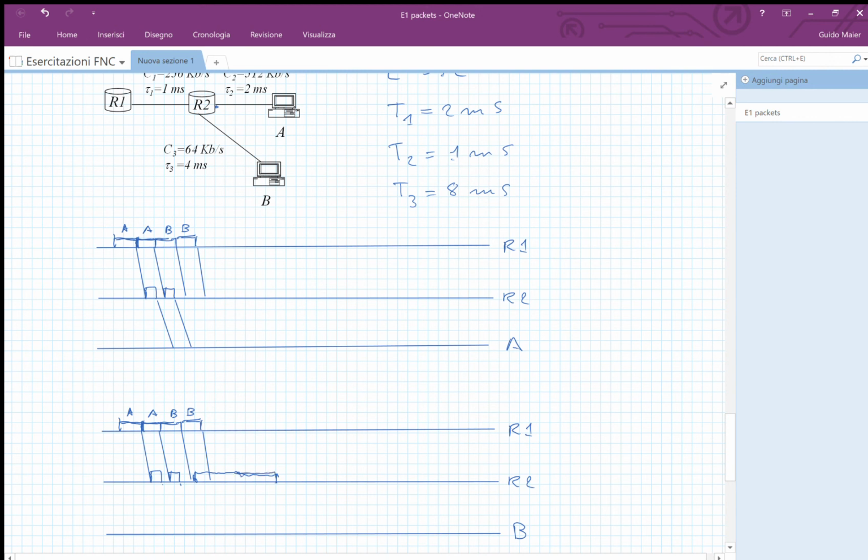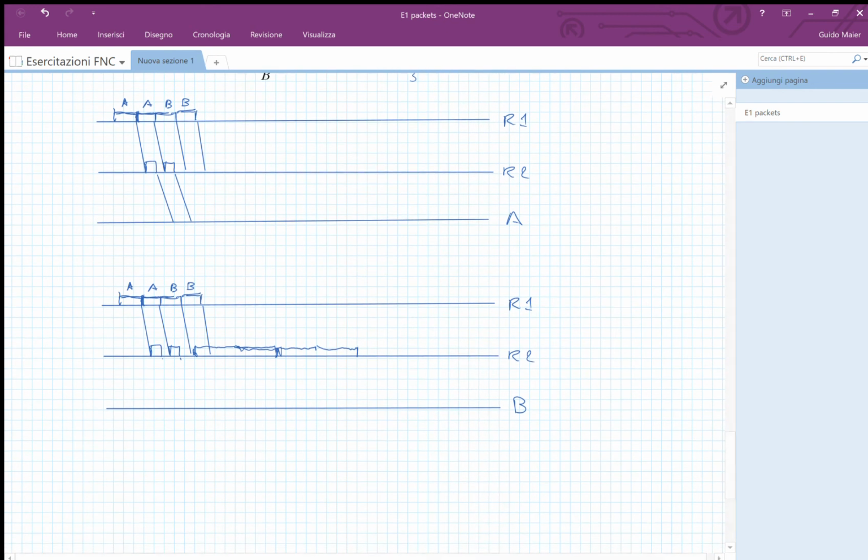It will take 8 milliseconds, and the second packet will be transmitted only after the first packet has gone. Okay. Then we have the final propagation, which is 4 milliseconds.